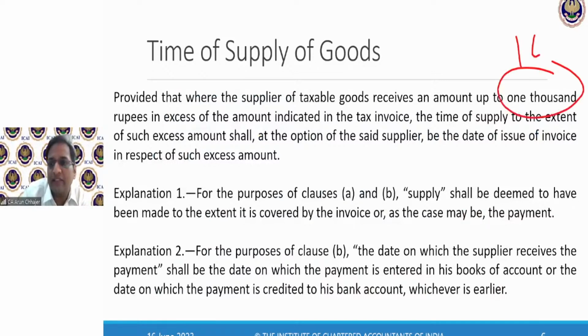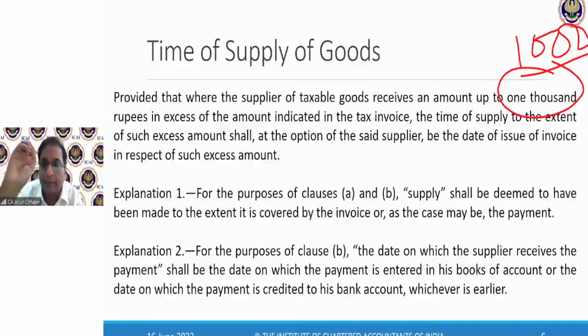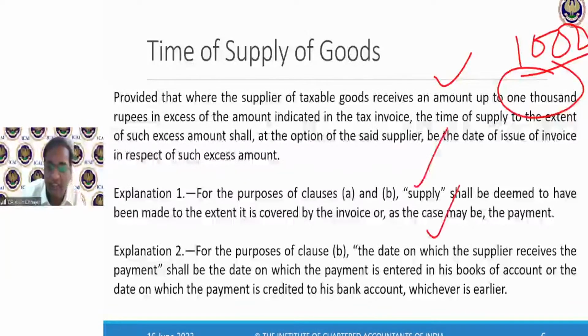Up to rupees 1000. So now this is not too much applicable, but yes, the same proviso, same explanation are there for services. So try to understand here, which will be replicated in forward charge for services.